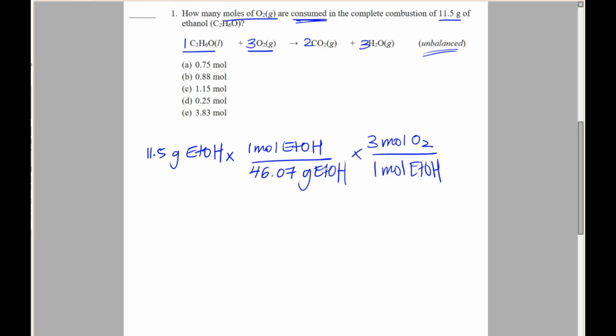A good way to check that we did this step right is to make sure all of these units cancel. And in fact, they do cancel, so we're just left with moles of oxygen, or O2, as our final units. If you plug all of this into a calculator, you're going to get approximately 0.75 moles of oxygen. So that looks like answer A.